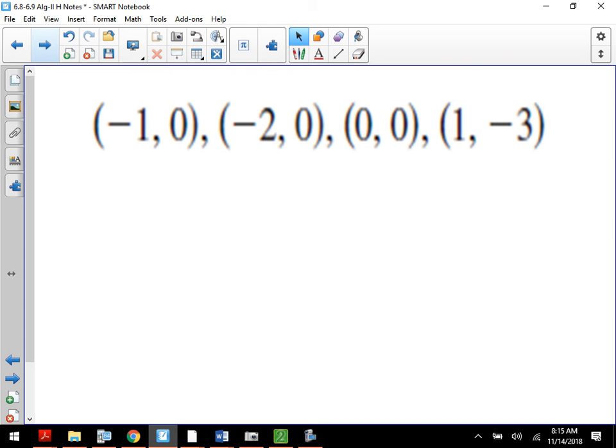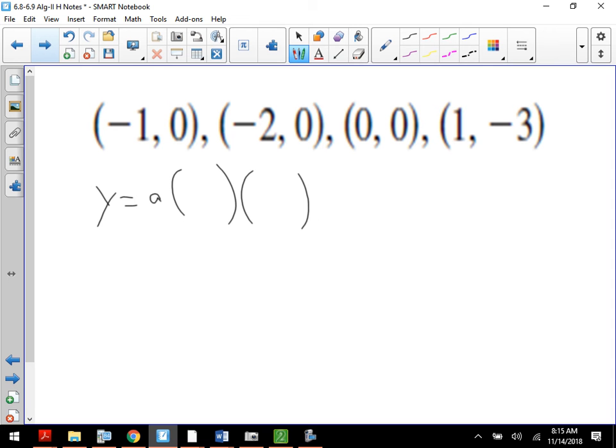Write the equation of the cubic function that contains the following zeros and the ordered pair. Each and every time you set it up and start it the exact same way. It does not change. We know that y is going to equal a, you have your x.